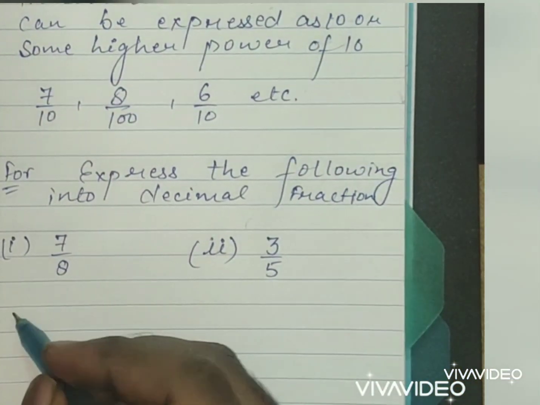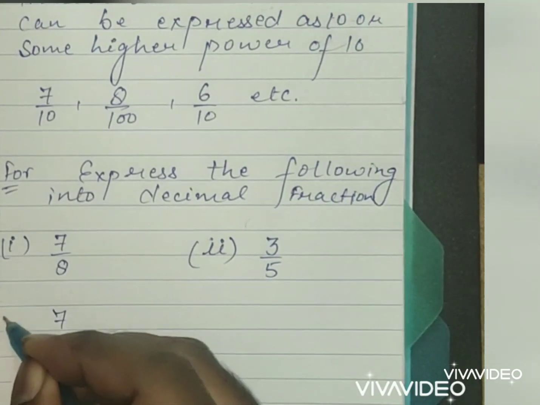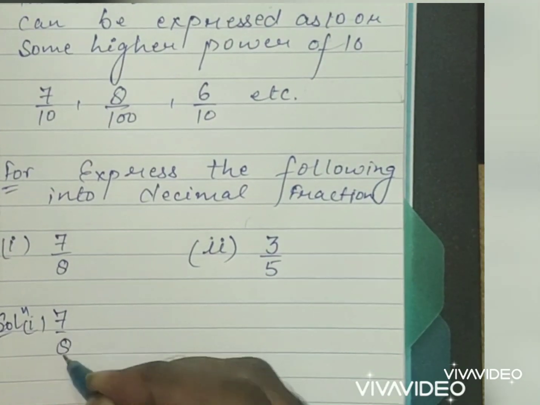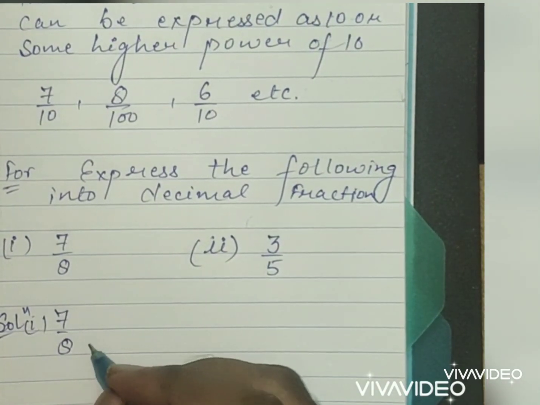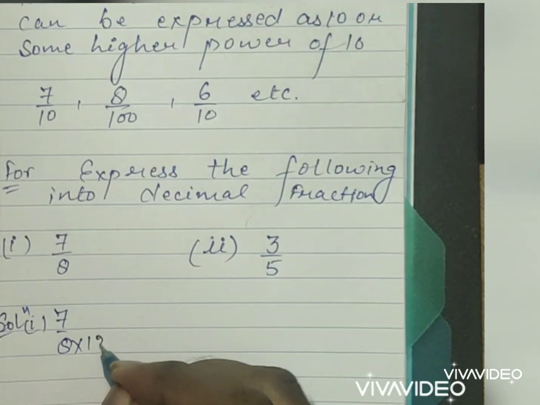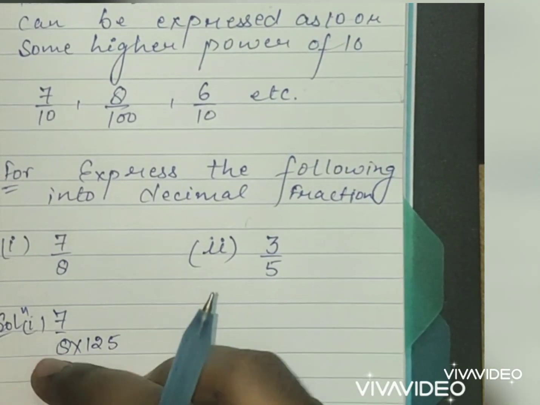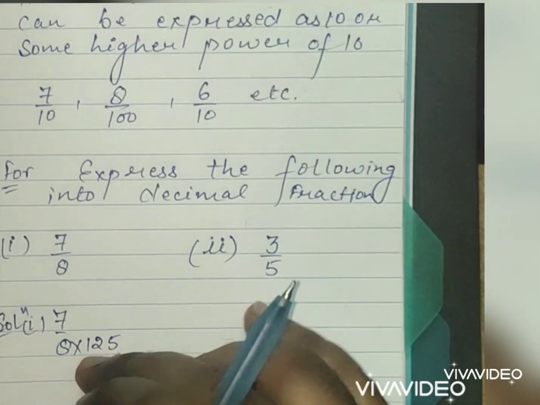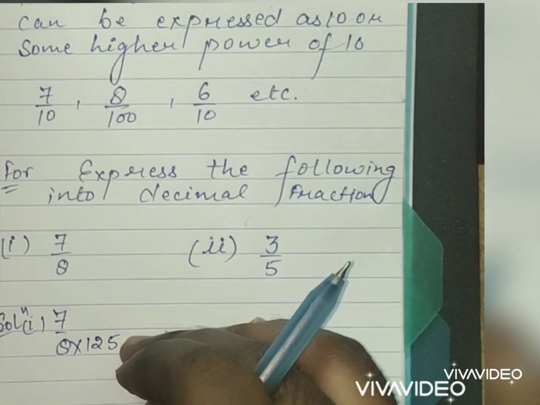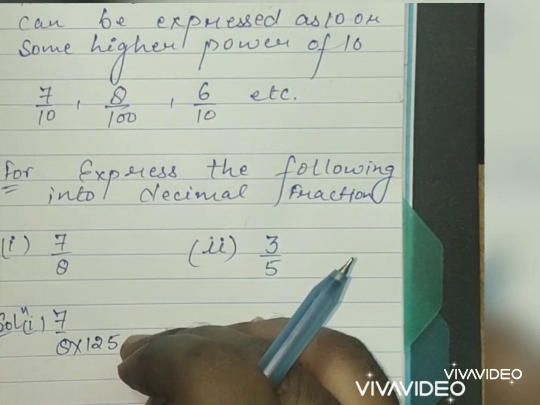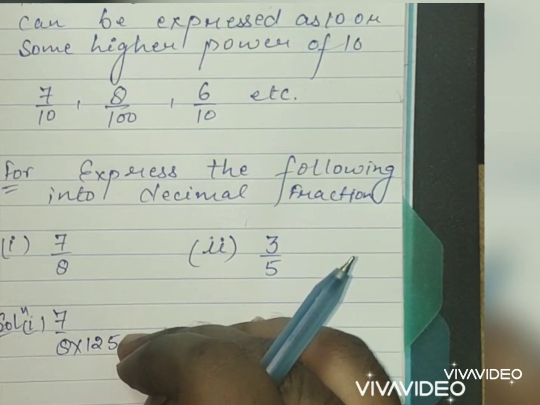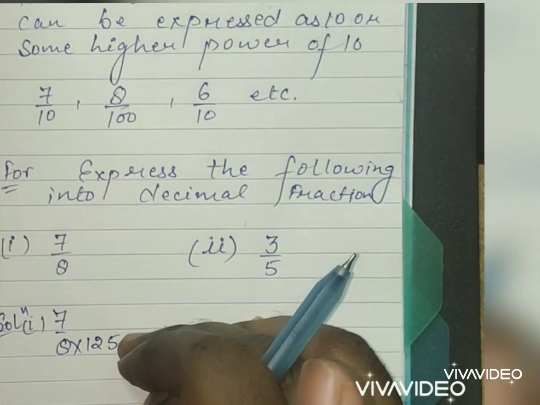It's simple. Let's take the first one, 7 upon 8. If you multiply it by 125, because 10 can't come, as there is no number which can be multiplied with 8 to give 10. 100 is also not possible because there is no number which can be multiplied with 8 to give 100.